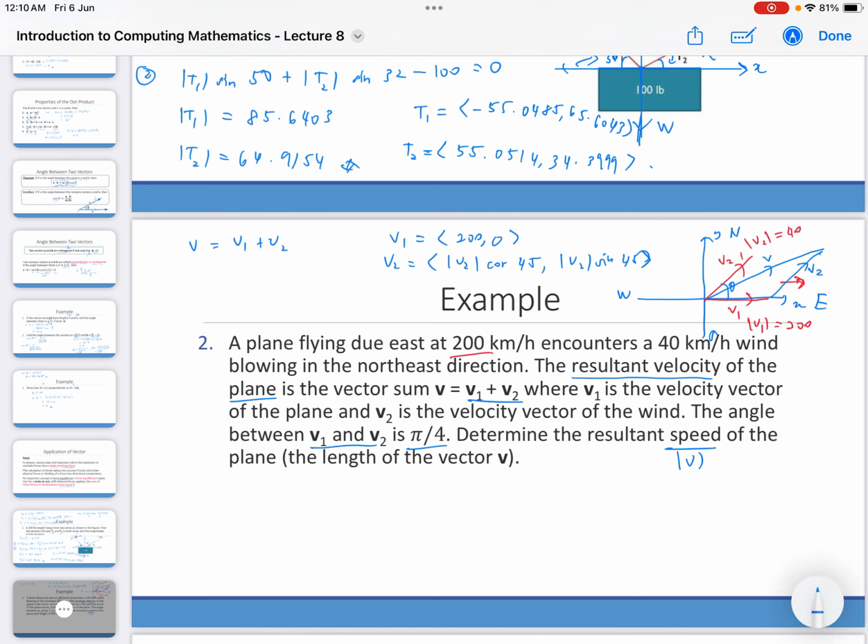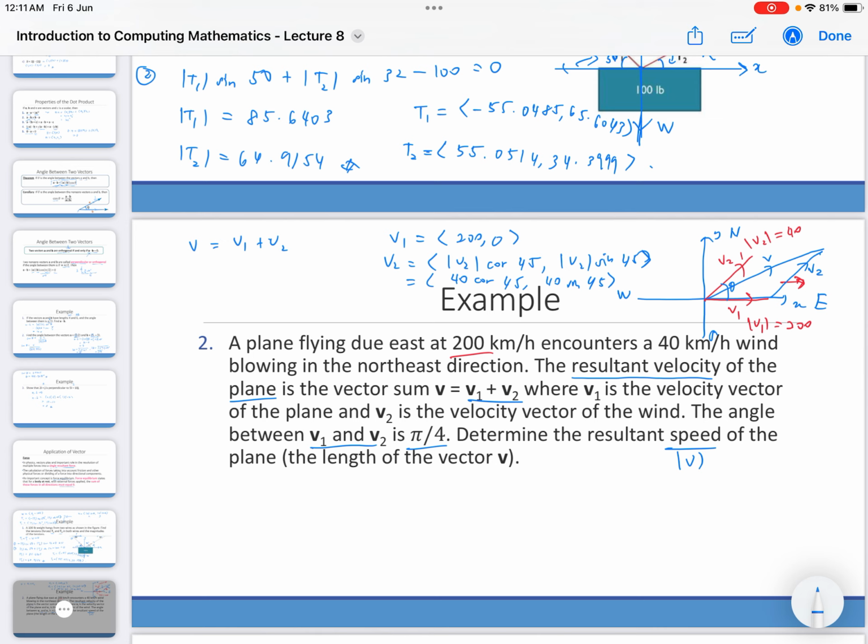The norm of v2 is 40. So this one is actually 40 cos 45 and 40 sine 45 degree. You can calculate this value yourselves.